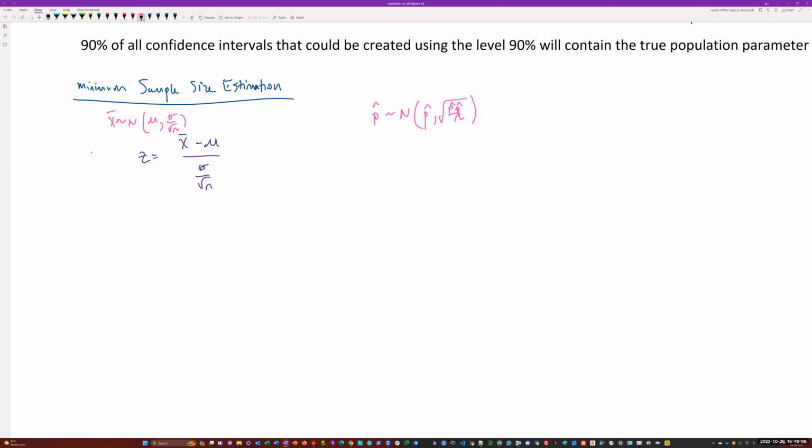So then if we were going to calculate z-score for this, z is going to equal, well, p hat minus the estimated value, minus the true value, all over the square root of whatever the true proportion would be times q. Does that make sense?